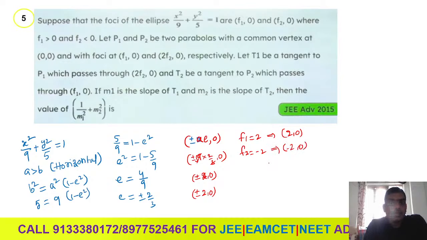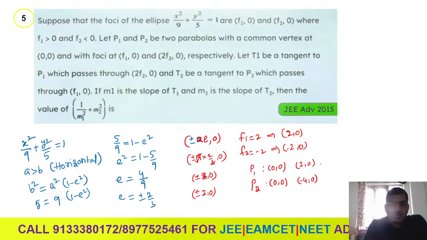Let P1 and P2 be the parabolas with a common vertex. Vertex is 0 comma 0 for both parabolas, and with foci at F1 comma 0 and 2F2 comma 0 respectively. For this, the focus is 2 comma 0 and 2F2 is minus 4 comma 0.